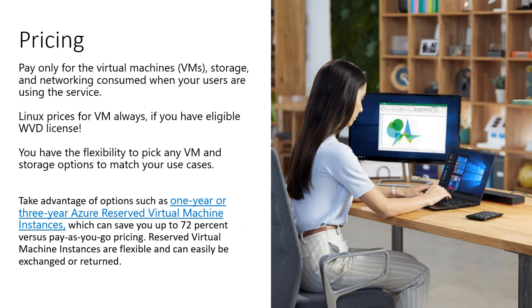But also if you're doing WVD with Windows 10, you're only paying Windows Linux prices. But what this means is that you can apply reserve instance to the VM. You can still commit to 1 or 3 year reserve instances and save even further if your virtual desktop is going to run 24/7.